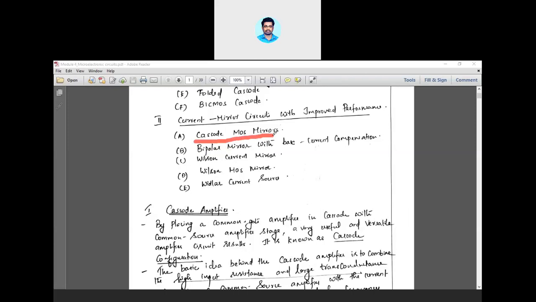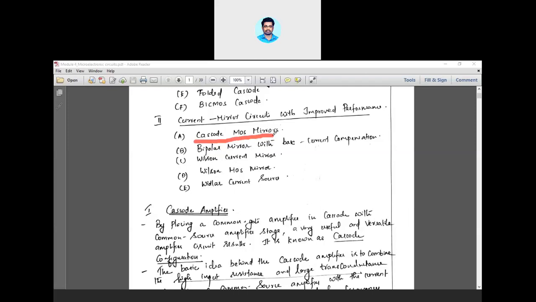So you can't produce 10 milliamps, 5 milliamps, 2 milliamps, all these current sources in one IC. That will become quite complicated, and you won't be able to fabricate all these current sources in one IC. So what you will do is you will be using one current source, and from that current source you will be steering the required amount of current to all other parts. Okay. So that is what is known as mirror. Okay. So that is the significance of mirror.